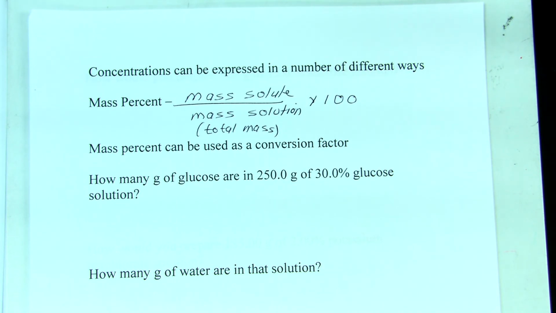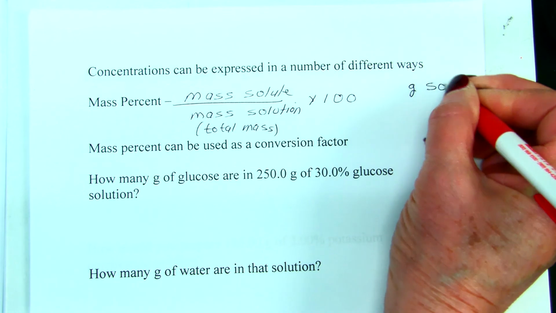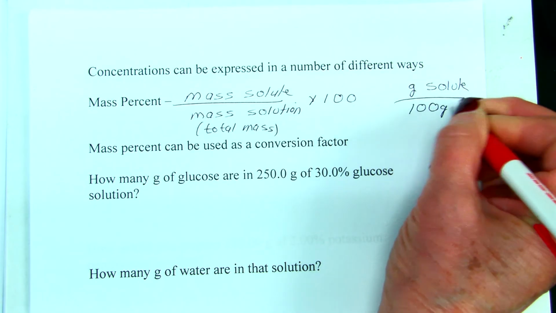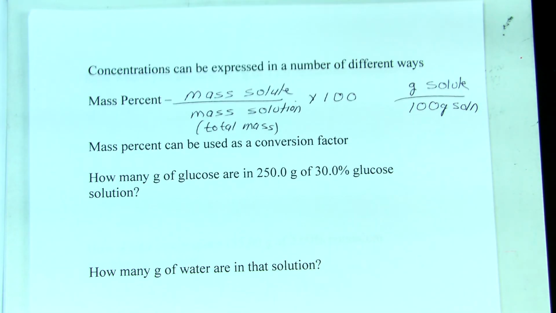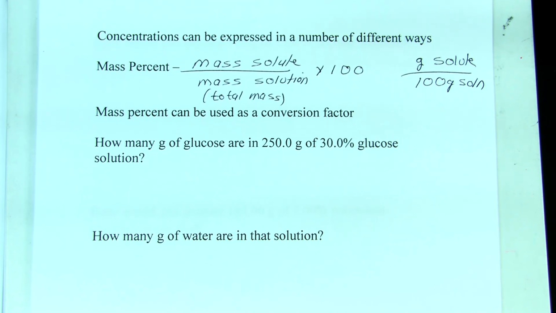But we can also think of percent as a two-part unit that can be used as a conversion factor. We think of it as grams of solute per 100 grams of solution. So we can use this as a conversion factor to do our fence post sort of calculations we've been doing all along in chemistry. So let's look at an example.